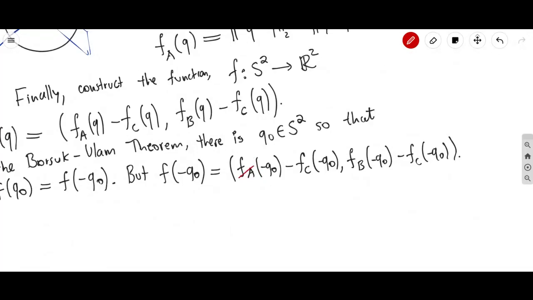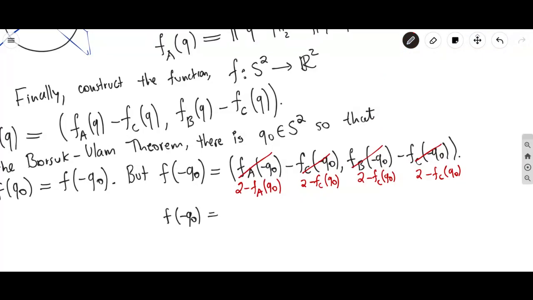This would just be 2 minus fa of Q0 without the negative. This would be 2 minus fc Q0 without the negative. This would be 2 minus fc Q0. And this would be 2 minus fc Q0. So this simplifies.